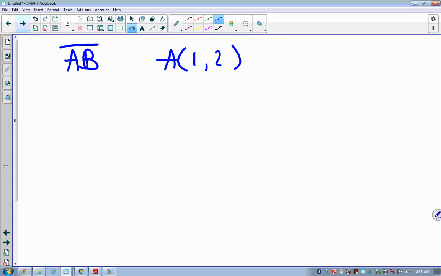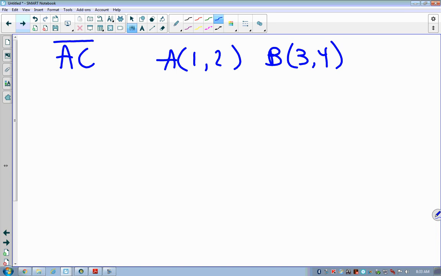Actually, let's change this just a touch. Let's say that this is AC, okay? And B is the midpoint, right? And they tell me that A is (1, 2), and B is (3, 4). Okay? B is the midpoint, it's not the end point.